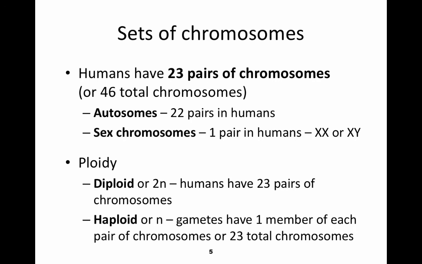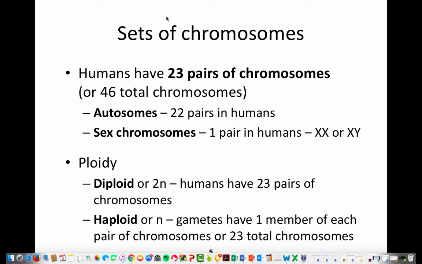So essentially you have a total of 46 chromosomes, right? The first 22 are what are known as autosomes, and those are the ones that don't have anything to do with sex, right? The last pair is our sex chromosomes, and that's what's going to make us either a girl or a boy, okay?